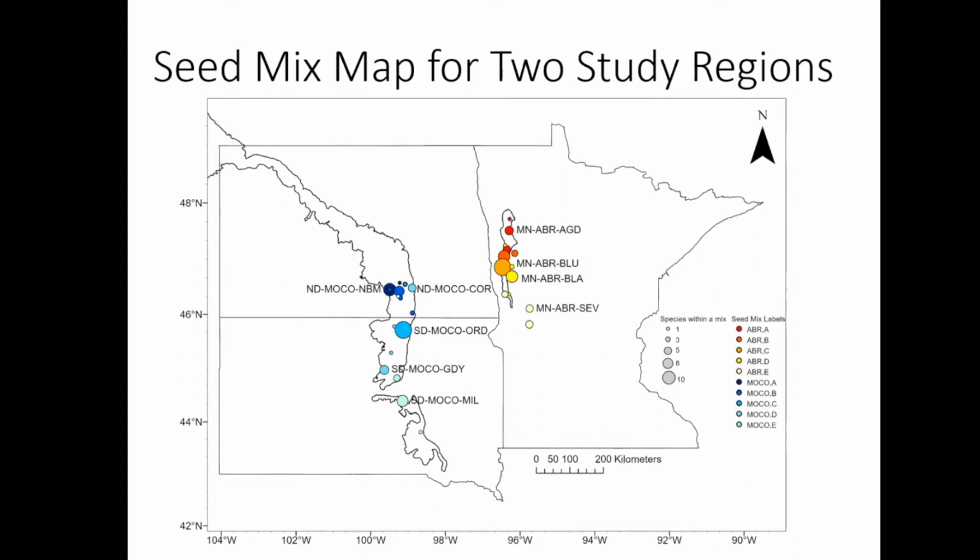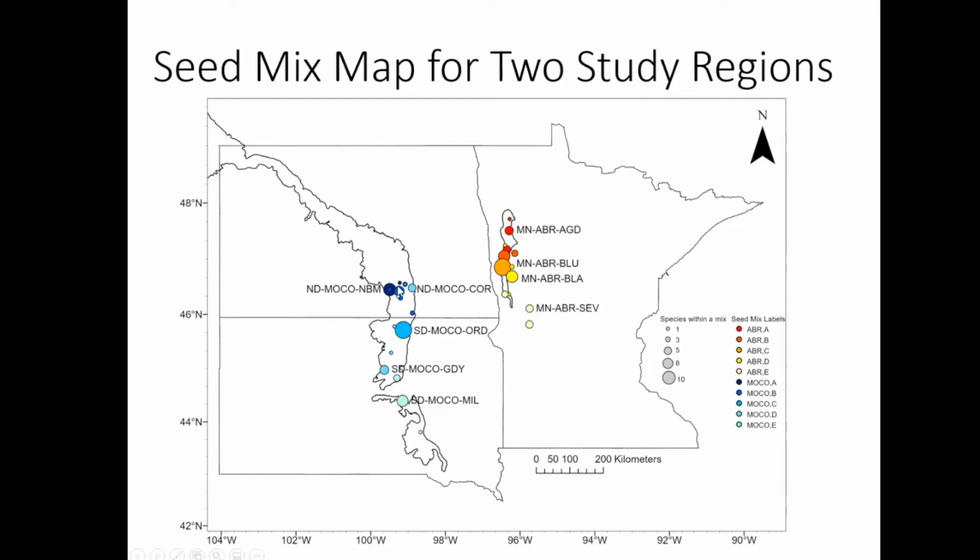So here is a proportional seed map, which I'm using to show how I made my mixes. We can see that each region is color coded. My blue tones represent my South Dakota seed mixes. My red and yellow tones represent my Minnesota based mixes. The dark blue color here indicates my first seed mix, seed mix A, and it includes approximately 8 species from 1 single location.